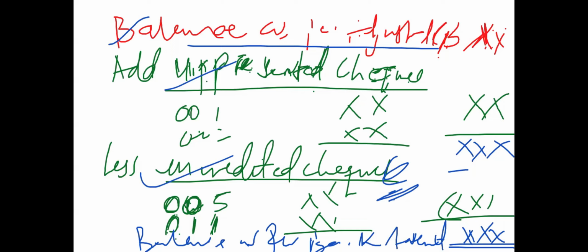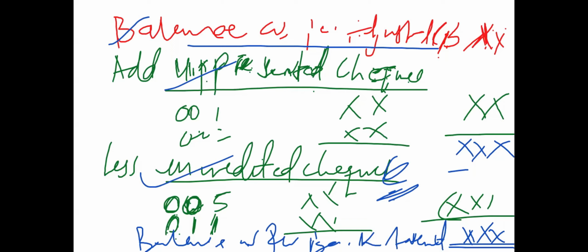So since we had already debited our cash book to show that we have received money, or our cash book balance is increasing, but we realize that the bank did not credit our bank account. So what we will do is to subtract it from the balance as per the cash book, so that we will understand that the bank balance wasn't increased or wasn't credited as we thought it would have been.